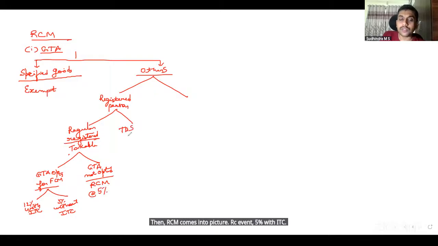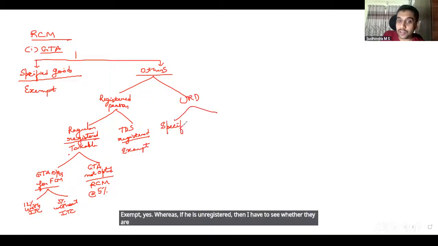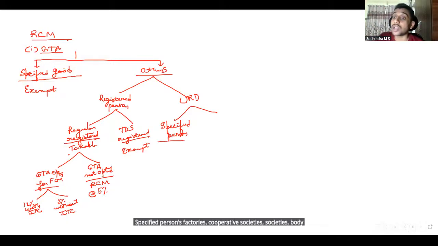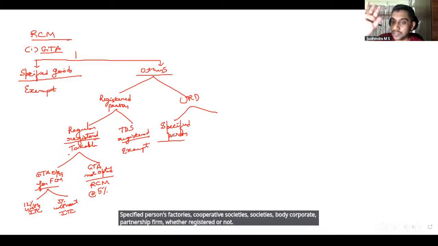Whereas if he is a TDS registered person, it is not taxable, exempt. Whereas if he is unregistered, then I have to see whether they are specified persons or not. Specified persons are factories, cooperative societies, body corporate, partnership firm, whether registered or not, casual taxable persons.